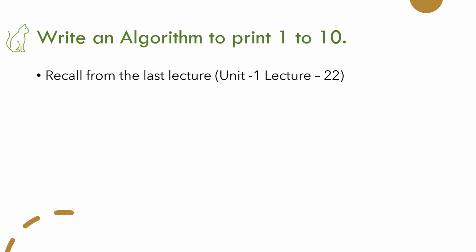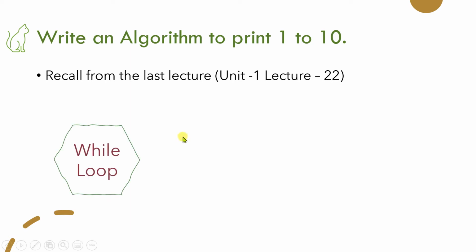Or I am just explaining the while loop in a quick manner with a figure. If you are able to understand things here, it is not needed to watch the previous video. But if you are not able to understand this concept, then you can go and watch the previous video. So let's begin the discussion of the while loop.